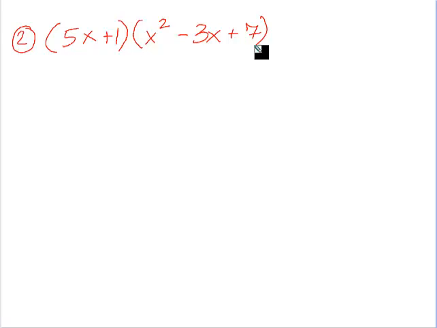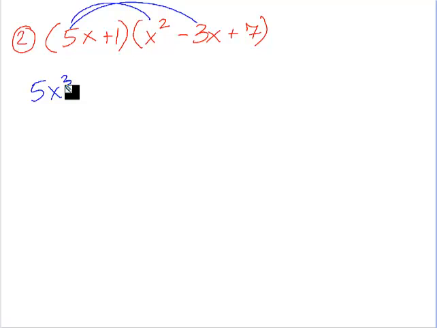All right, so what would we want to do first here? Distribute. Okay, so 5x times x squared. Not 5x squared. What is this really? 5x cubed, you said. Good catch, guys.